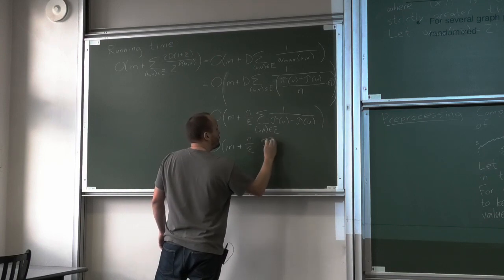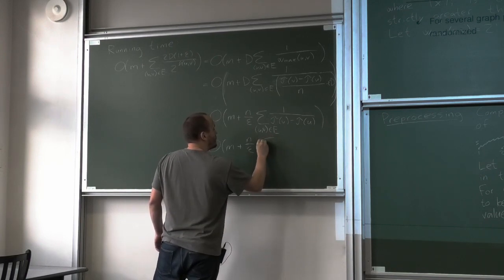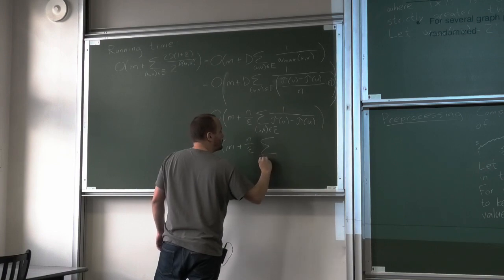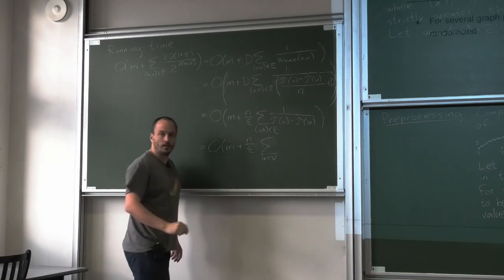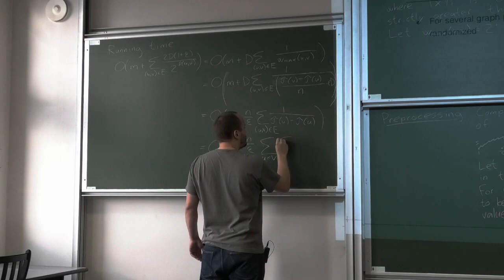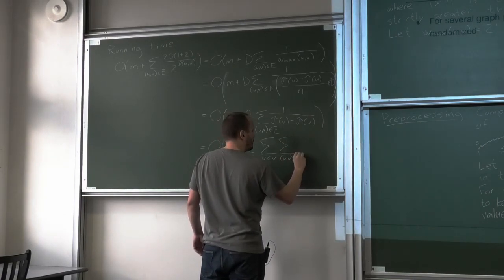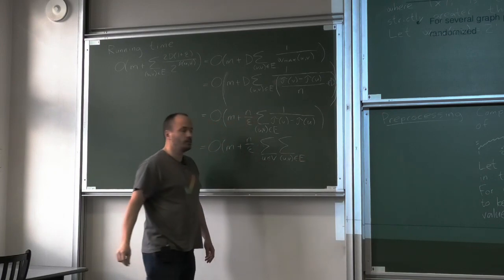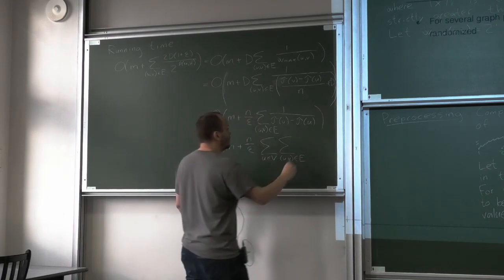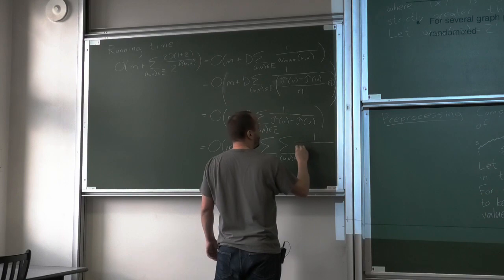Let's sum over all vertices u in V, and then sum over all edges u comma v, all edges outgoing from u basically, of the same. So this is of course the same sum, same value.